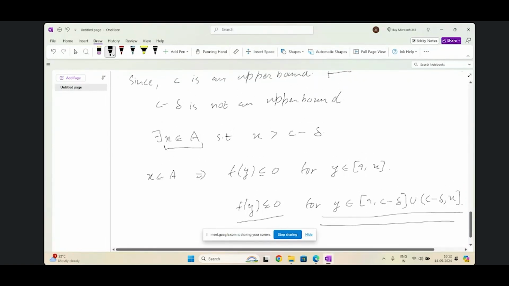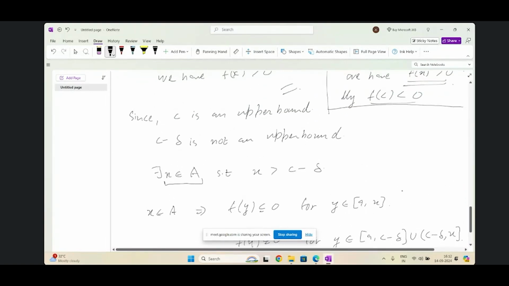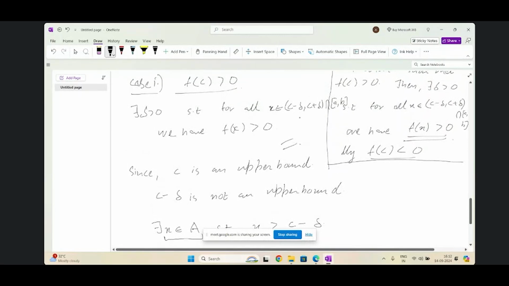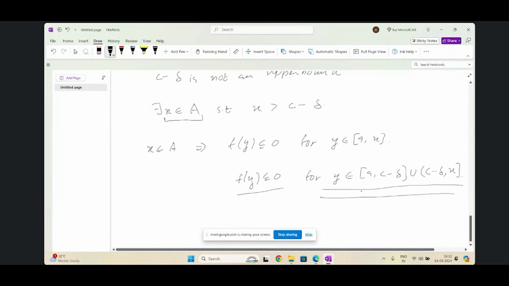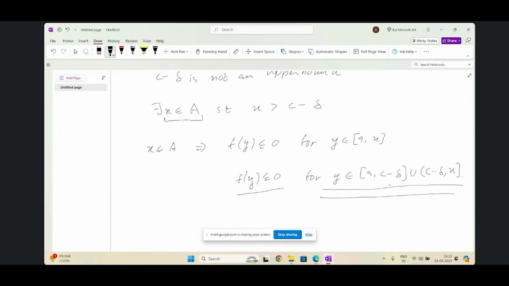But if you look carefully, there is one problem. We have just shown that from c minus delta to c plus delta, f of x is greater than 0. So basically it says that if y belongs to this interval, f will have two values, positive as well as negative, which is not possible by the law of trichotomy.